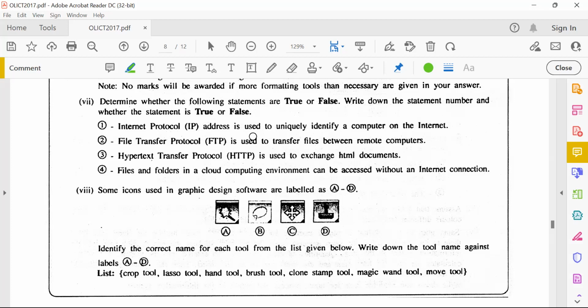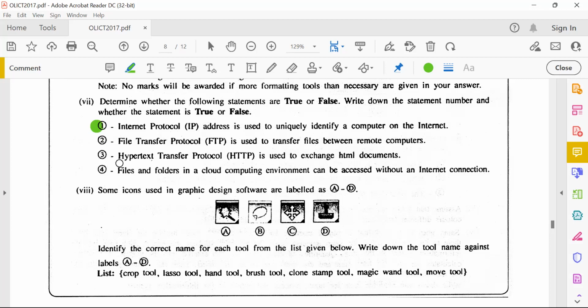Yes, IP address, we have said, remember, there are 4 numbers separated by the dot, and each number goes from 0 to 255, which means we use 8 bits, altogether 32 bits. So this is true.